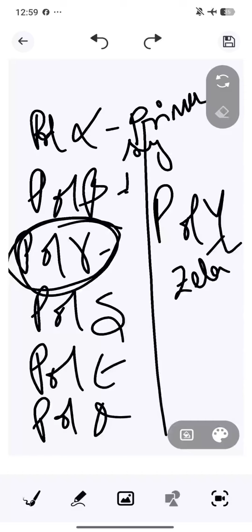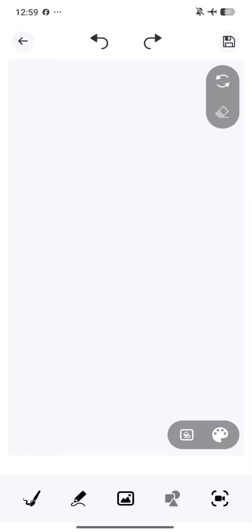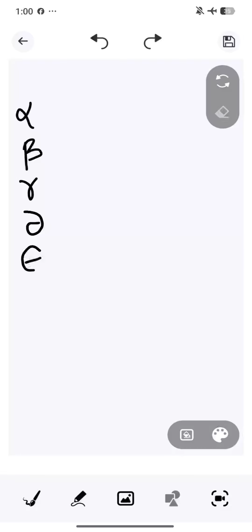Okay, so again, if I repeat, learn with me. Alpha, beta, gamma, delta, epsilon, theta and zeta.